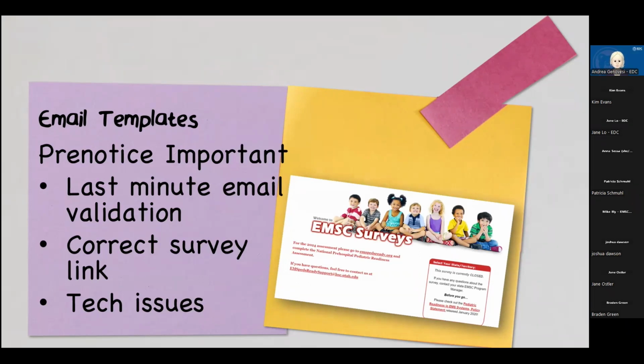It also makes sure people have the right link, meaning they're not going to the EMS for Children survey location. And then there are tech issues. We've already had a couple of managers, because the pre-notice went out yesterday, who had tech issues and were unable to send. They're working through those and we're helping them. That's why the pre-notice is so important.